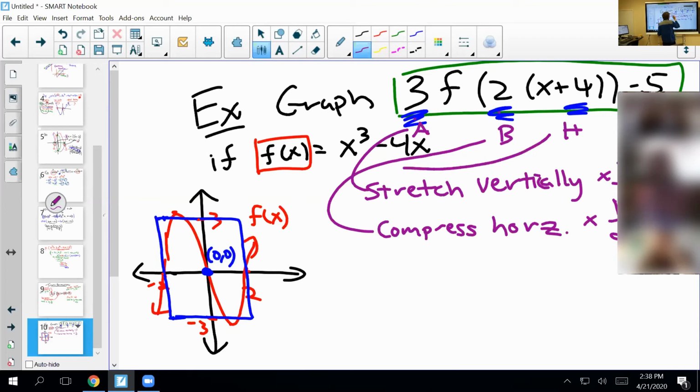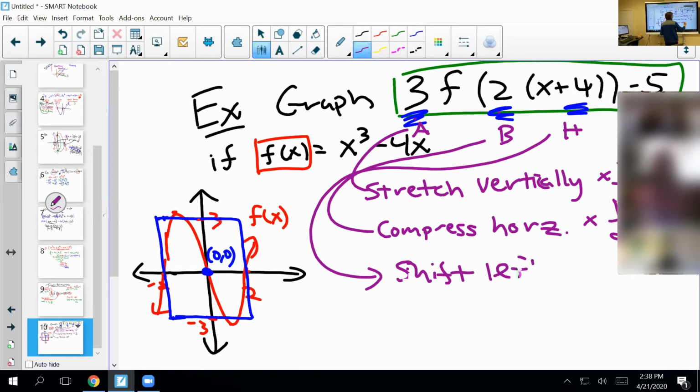So the H, the +4, is going to shift it left 4. And the K, down here, is going to shift down 5. So that's basically what we're doing with this problem.